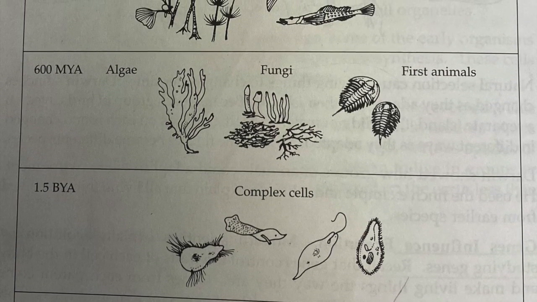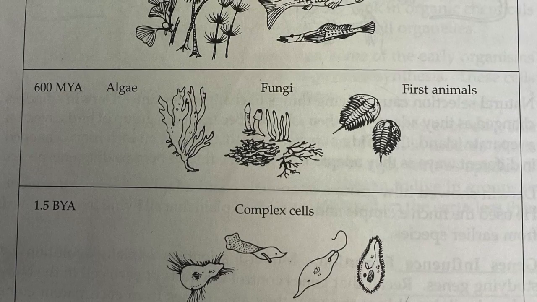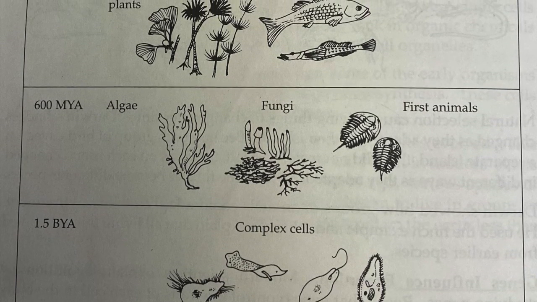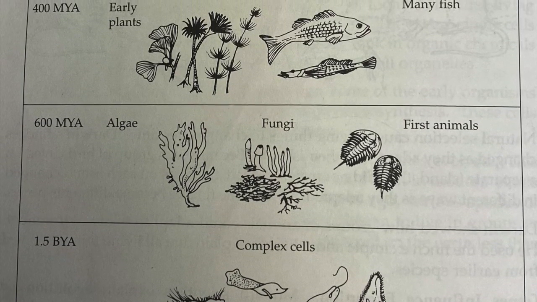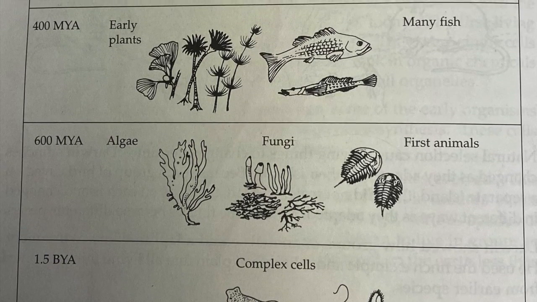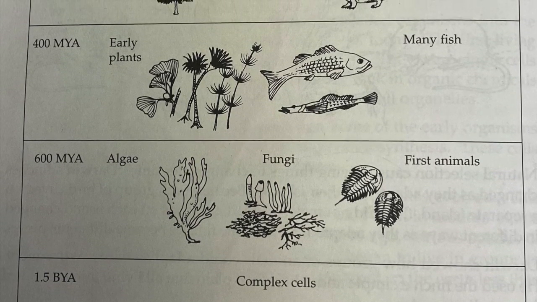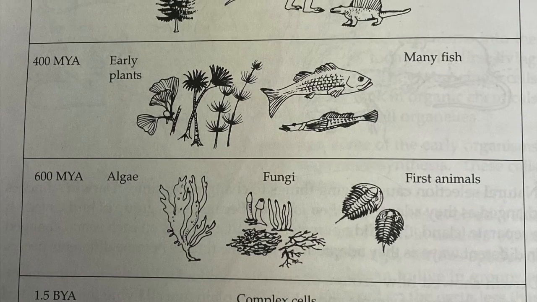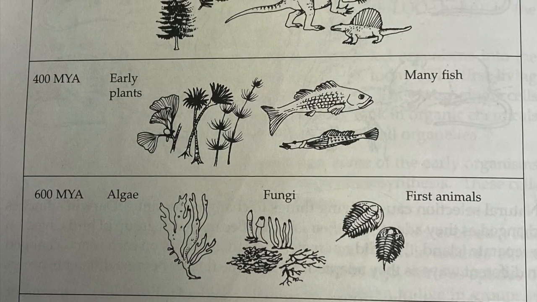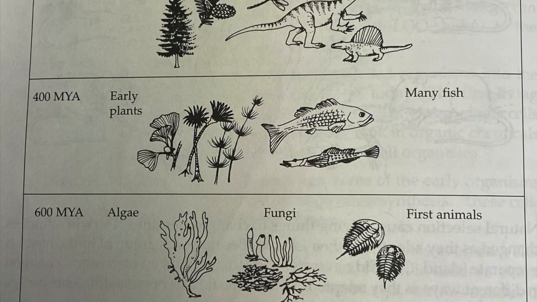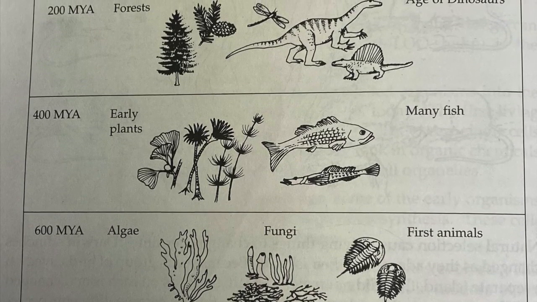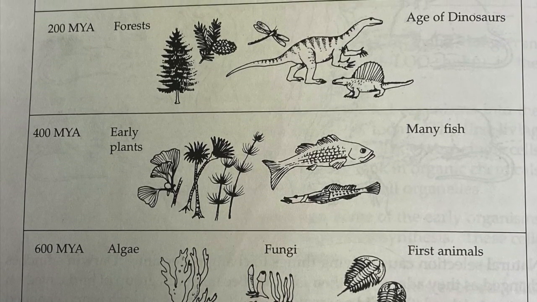So not only cells anymore, but now the cells have developed into different things. 400 million years ago, we have early plants and many fish. 200 million years ago, we have forests starting to develop, insects, and the dinosaur age.